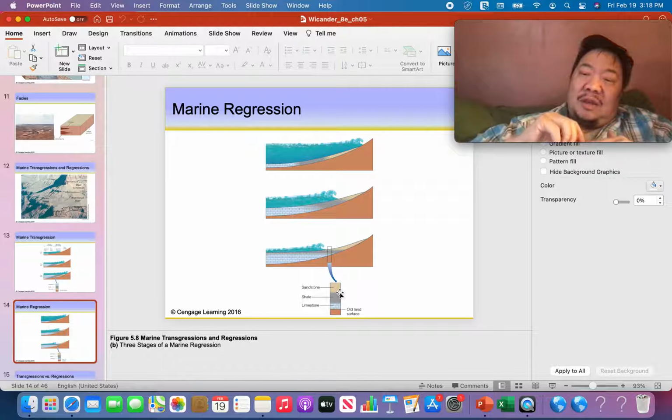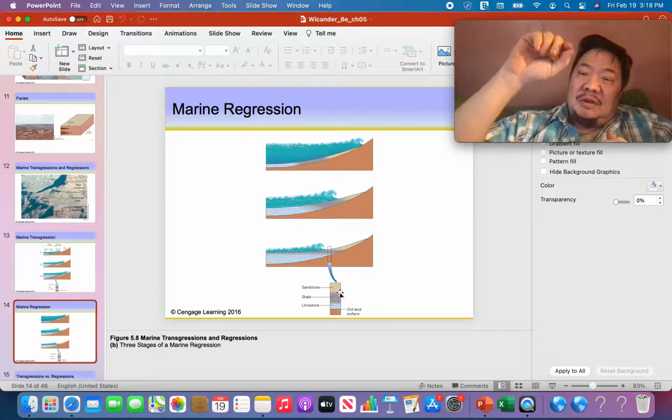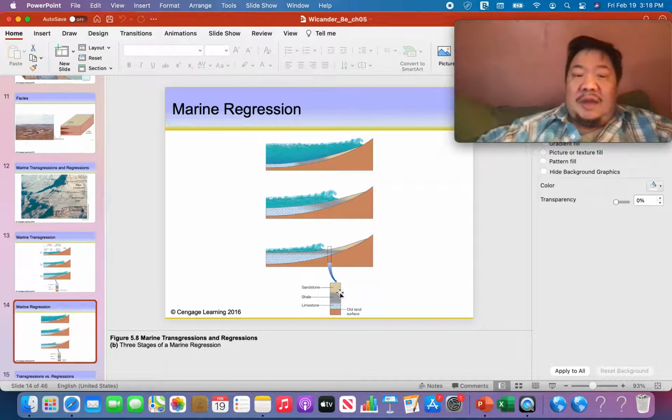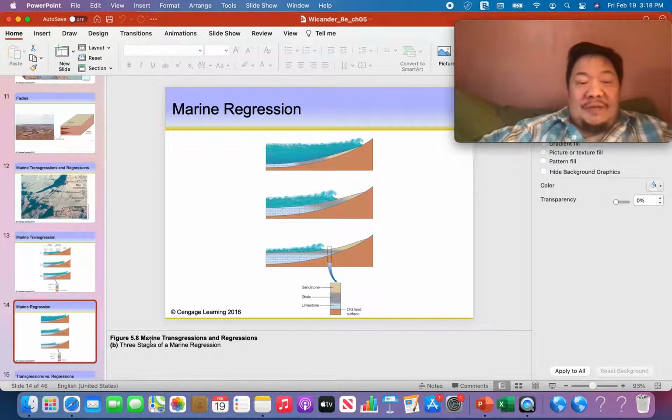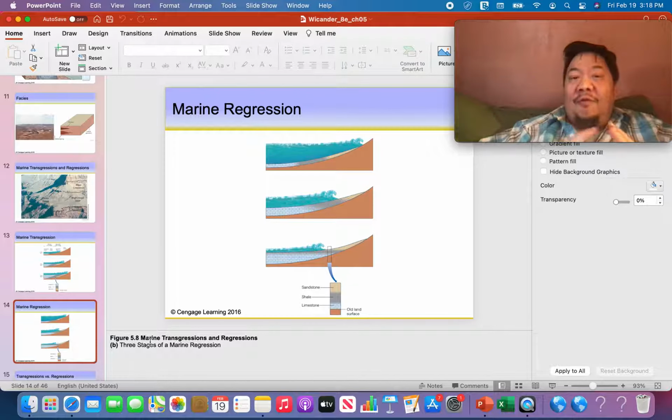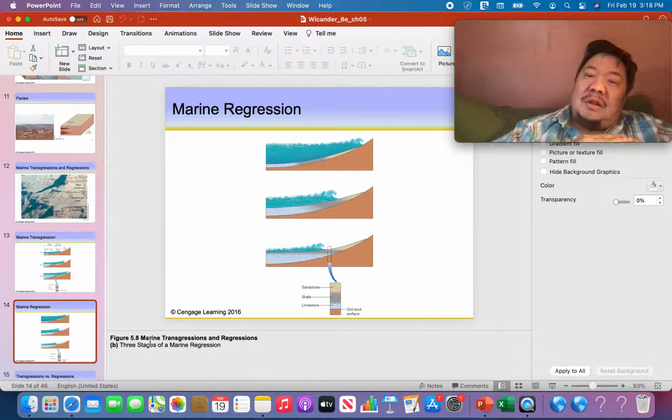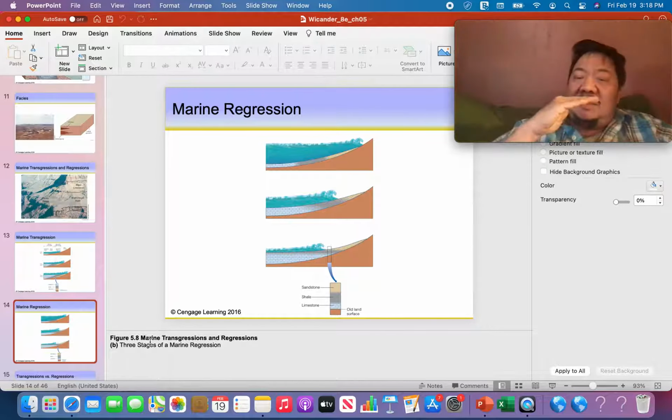If the grain size becomes coarser or larger as you move upwards to the younger rocks, we're looking at a regressive sequence. Therefore, we can reconstruct the history of our planet's climatic cycles by looking at these sequences of sedimentary rocks using Walther's law.